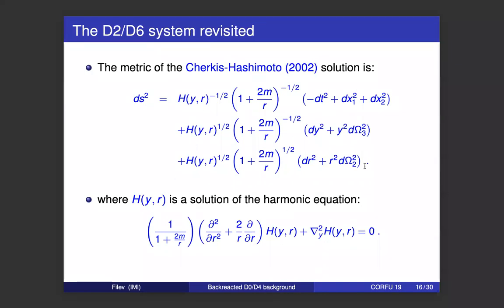Now you understand why he wasn't interested, because this is a very special case. So let's look at the Cherkis-Hashimoto solution, the D2, D6 system. Right now, I can motivate why this is a special case. D6 branes are 7-dimensional objects. In 10-dimensional space, the transverse space is 3-dimensional.